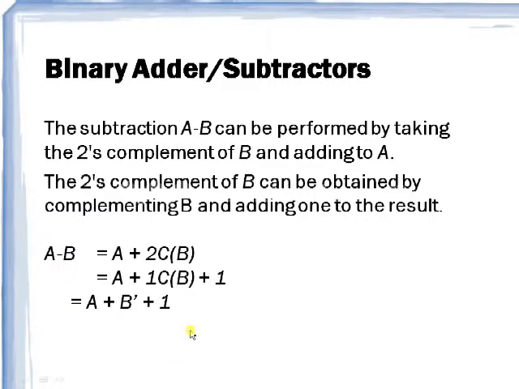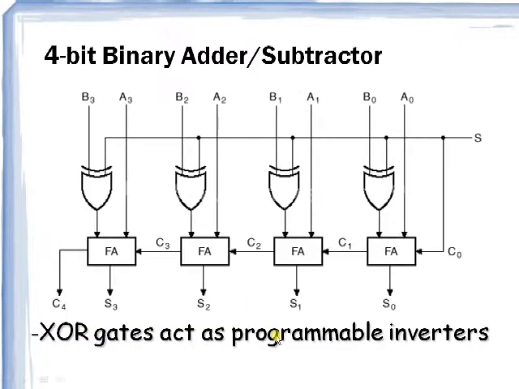Now let us see one circuit which is going to perform addition as well as subtraction. We call it an n-bit adder subtractor, where n equals 4. We have taken an example with n equals 4. So here we require 4 full adders along with XOR gates.